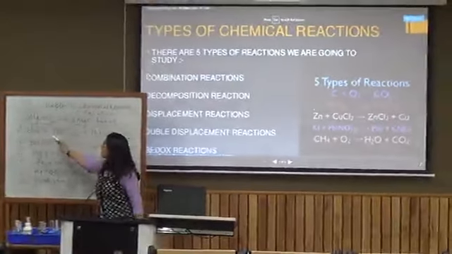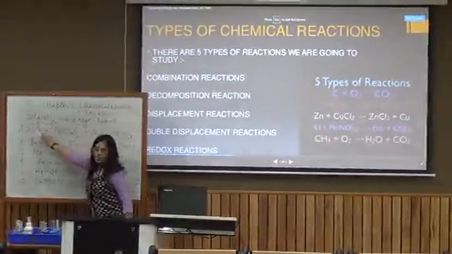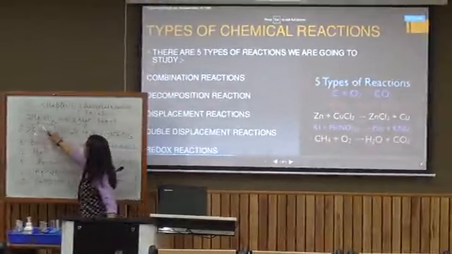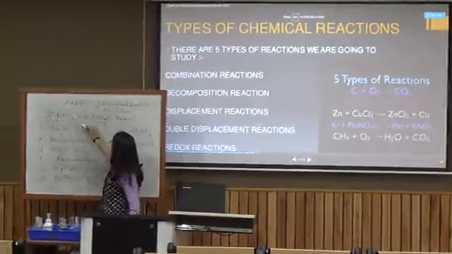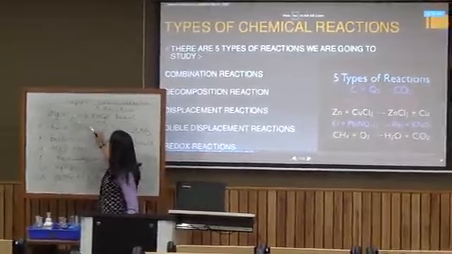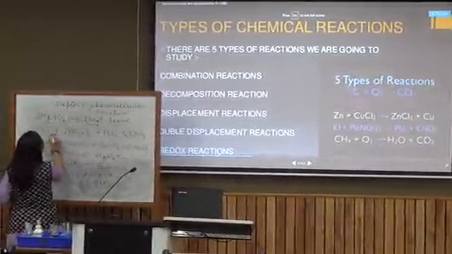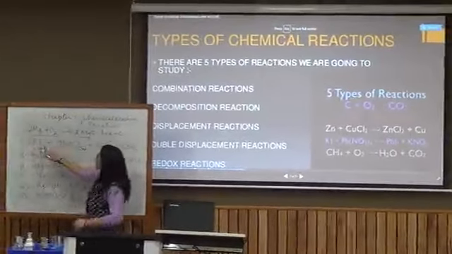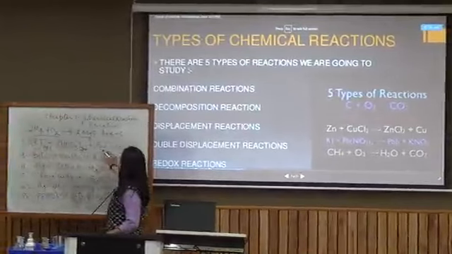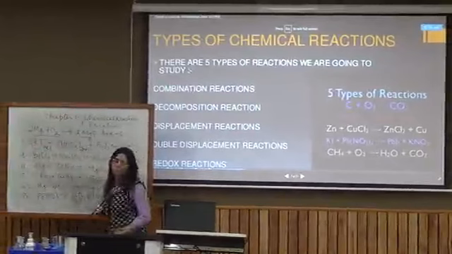The second case here, the potassium iodide had potassium ions and the iodide ions in the solution. Lead nitrate had lead ions and nitrate ions in the solution. So these both were aqueous solutions. These ions were exchanged with each other and you get lead iodide, which was a precipitate, and a solution of potassium nitrate.